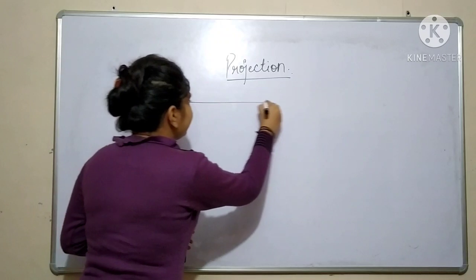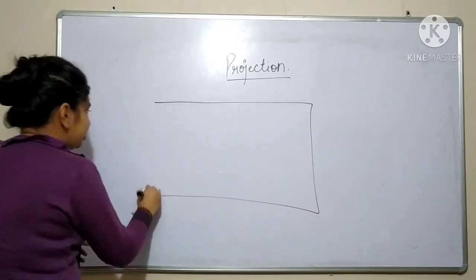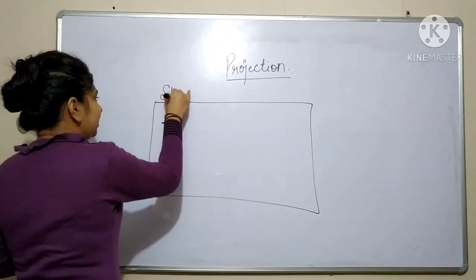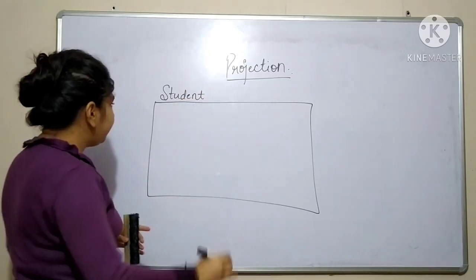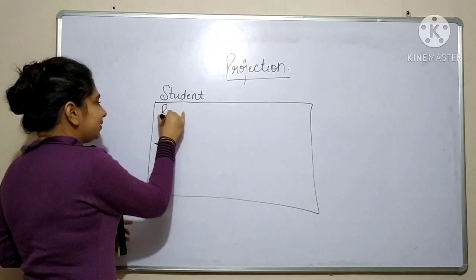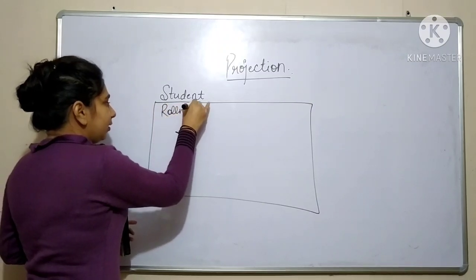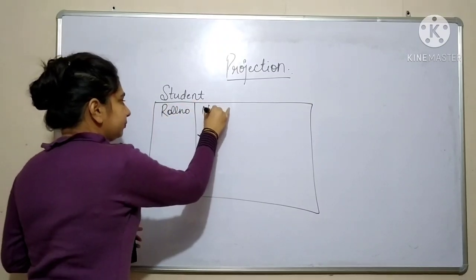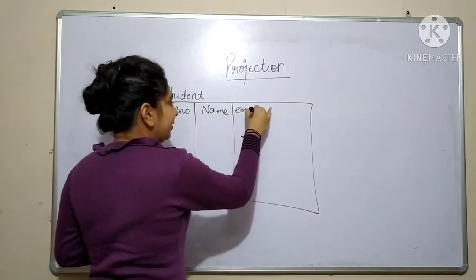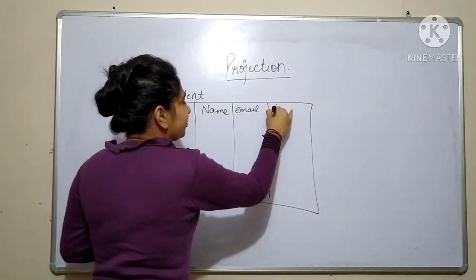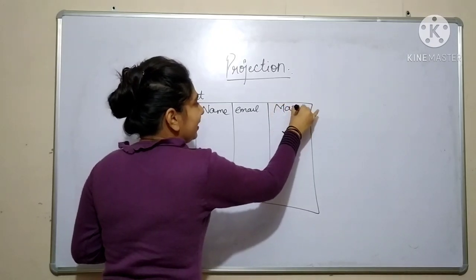Let's suppose I have one relation, student. The various attributes we have are roll number, name, email ID, and let's suppose marks or percentage.